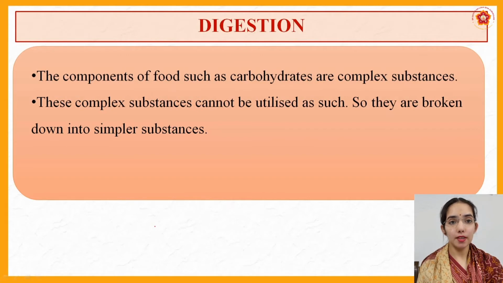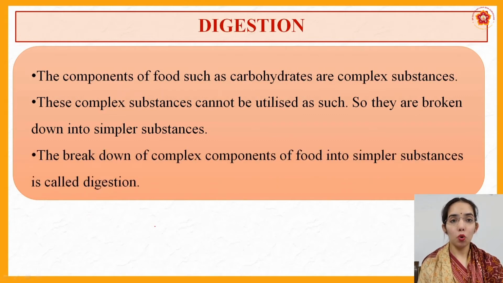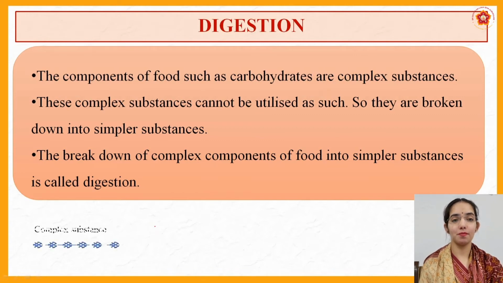The carbohydrate, the protein, the vitamins, the fats present in our food cannot be used as such by our body. Why? Because they are complex substances and our body can only utilize simple substances. So the breakdown of complex substances of food into simpler substances is called digestion.